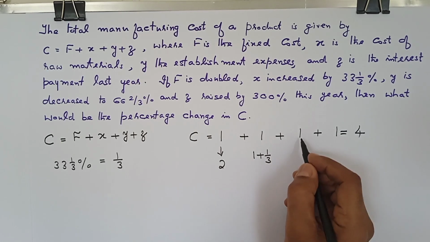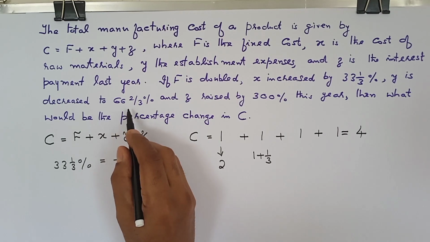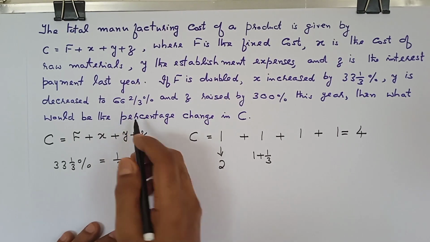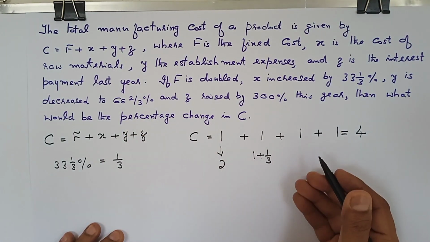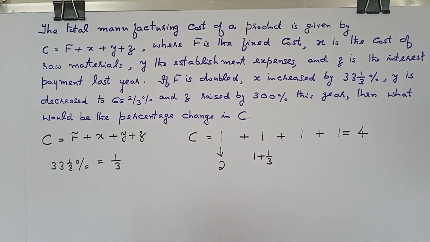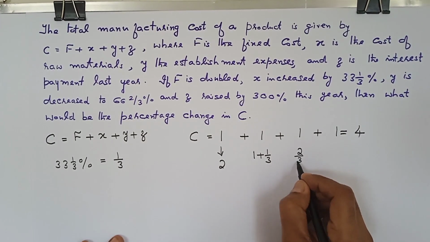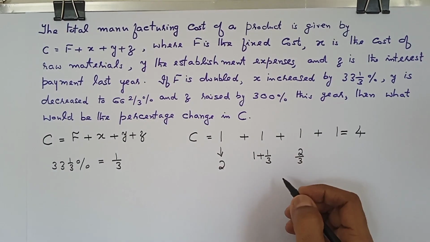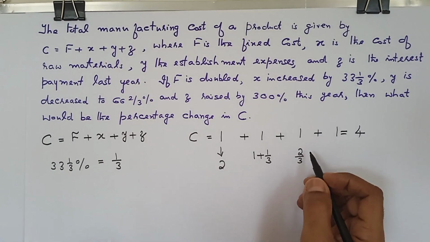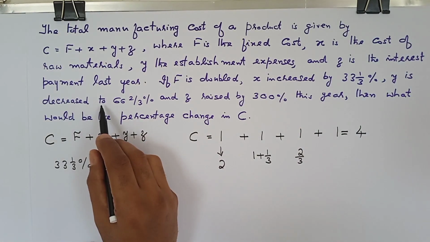Now look at the next one, Y. What is the change? Reduced to 66 and 2 by 3%. By the way, what is 66 and 2 by 3%? That's nothing but 2/3. And 1 reduced to 2 by 3. There's a meaning of something being reduced to a certain percentage. Now, there's a difference between something increased by and reduced to.